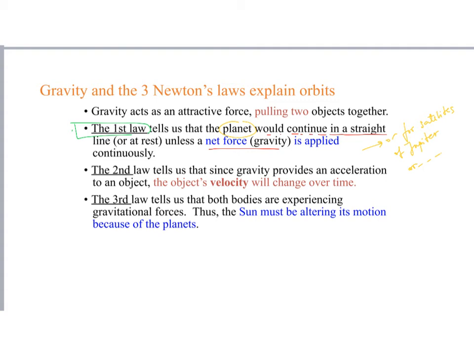Okay, how about the second law? The second law tells us that since gravity provides an acceleration, then the object's velocity will always change, right? So that's kind of the equivalent of this, right? It changes. So we have gravity, right?